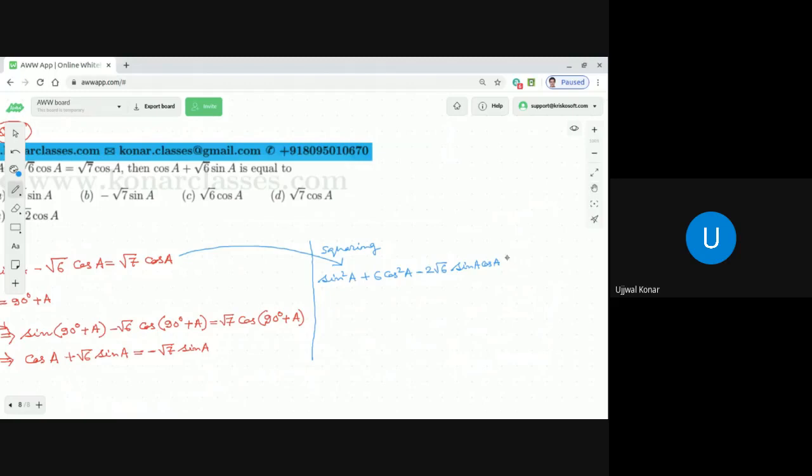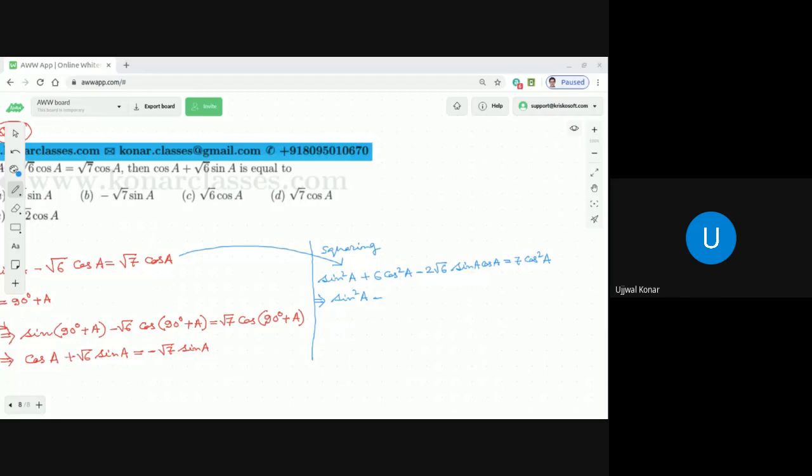That is equal to 7 cos square A. This implies we can write sine square A plus 6 cos square A is already there now.